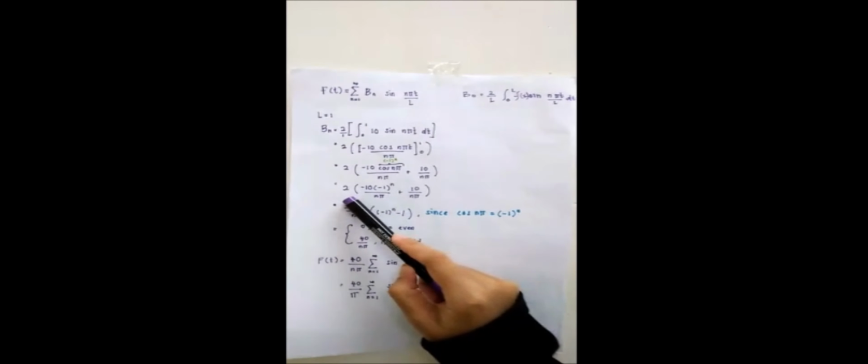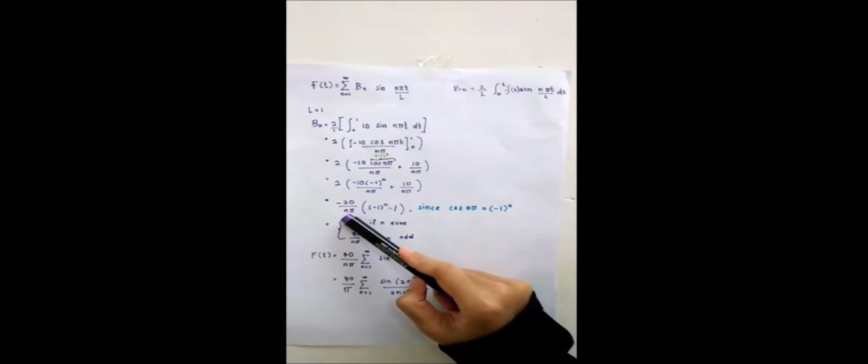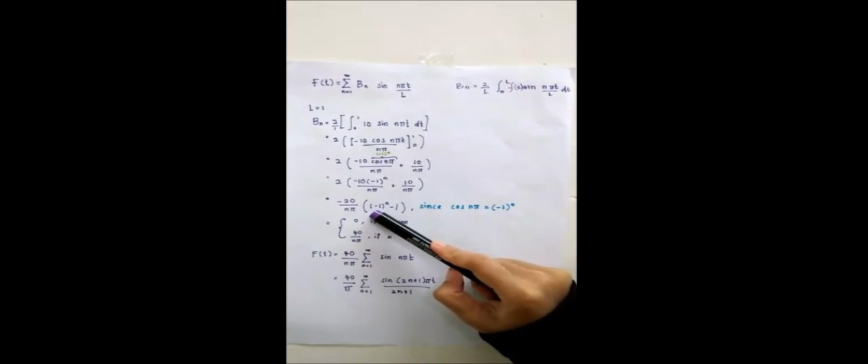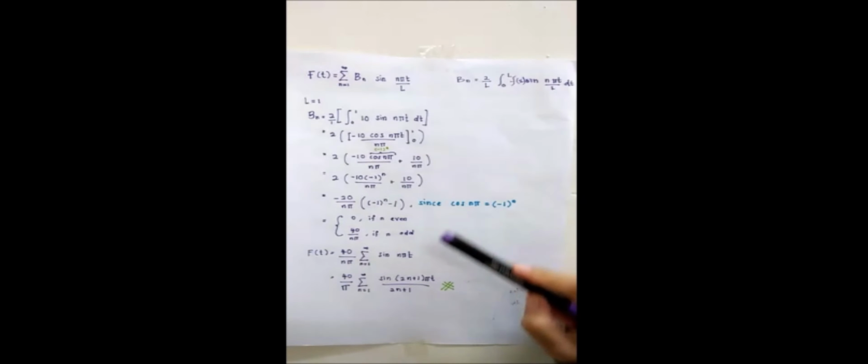When we factorize this equation, we will get this one: negative 20 over nπ multiplied by ((-1)^n minus 1).